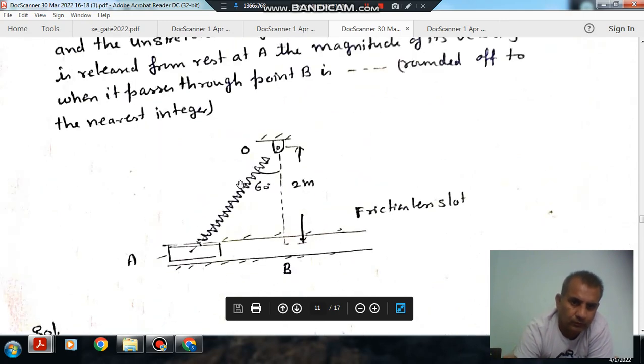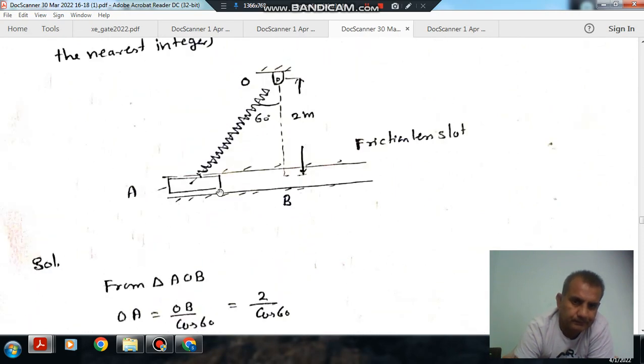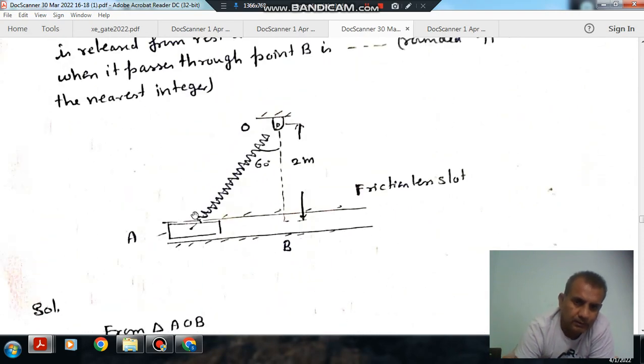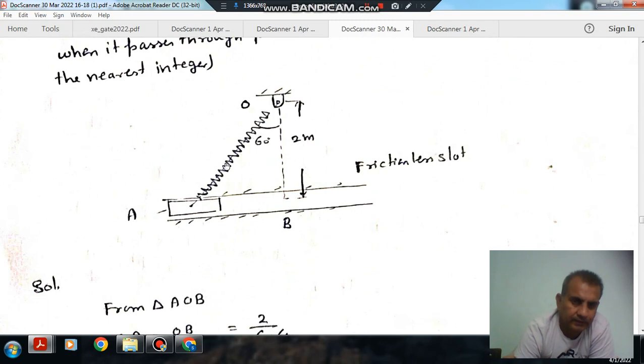So OA is your 4 meter. It means the length of the spring at position OA is 4 meter and the unstretched length is 1 meter. So here a stretching of 3 meter has taken place.